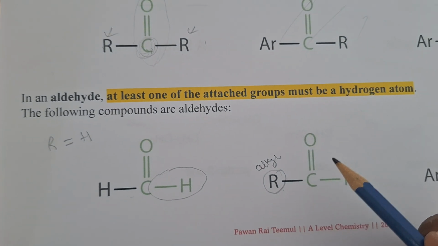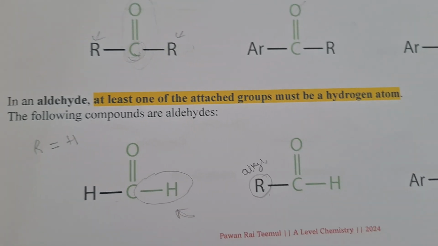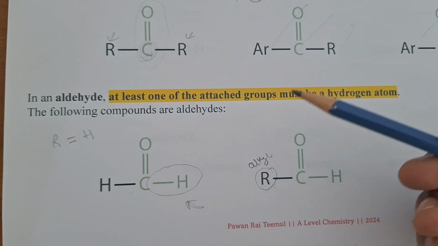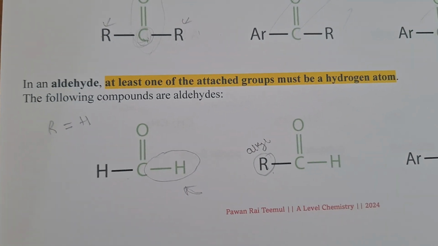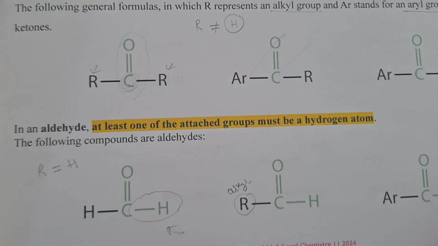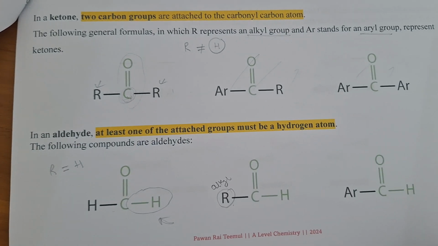If we replace it with hydrogen, it gives you the simplest aldehyde. Or it can be an alkyl group, and in that case it gives you bigger, more complex aldehydes. This is about ketones and aldehydes.